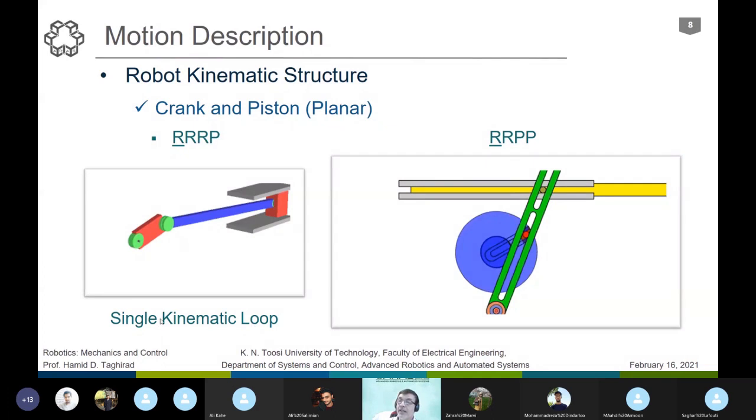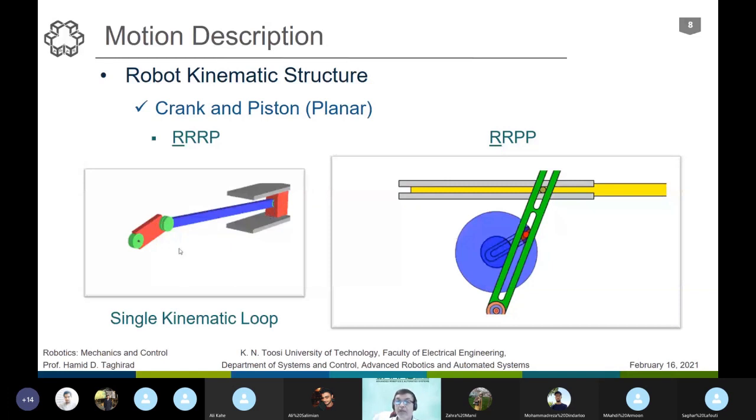A single kinematic loop. If you see, we have a base, so this is put on a base, and this part is also on a base. If you again consider the mechanical structure here, the joints and the links, this joint is on the base, so we have a link, we call it base, one joint, another link, link 2, another joint, joint 2, another link, link 3, another joint, joint 3, another link, link 4, and another joint, the prismatic one.